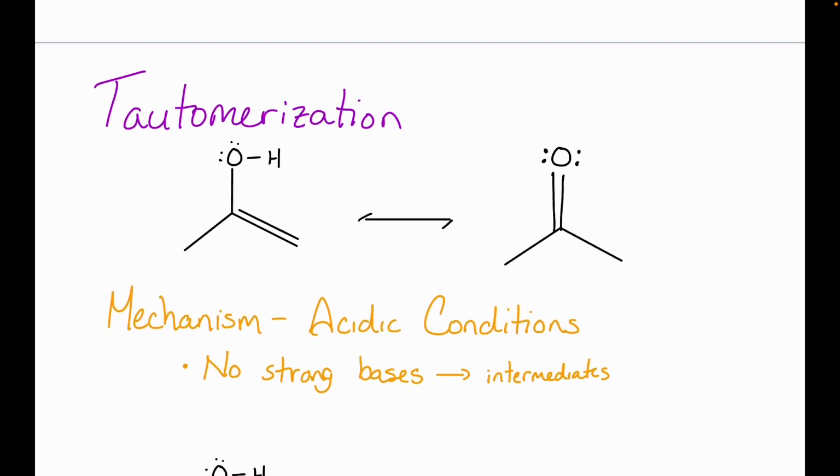Okay, cool. So if I look at my overall reaction here, it's pretty obvious that I'm going to have to break this oxygen-hydrogen bond, right? If I'm going to draw a mechanism that's taking me from the left side to the right side, that bond's going to be broken. It's got to be, right?